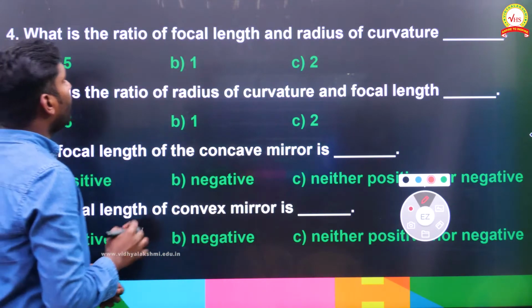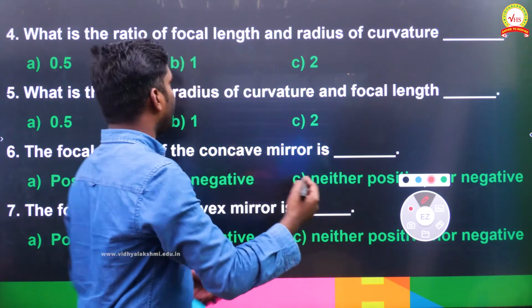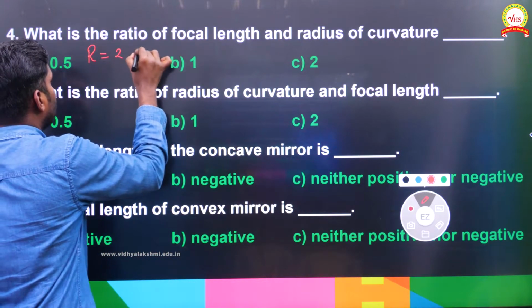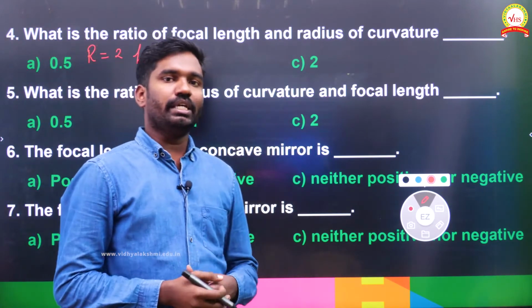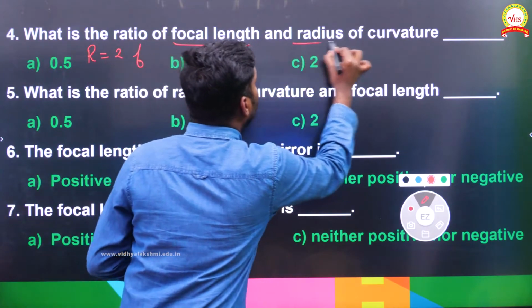What is the ratio of the focal length and the radius of curvature? From the relation, you are going to derive R is equal to 2 times F. They are asking what is the ratio of focal length and radius of curvature.